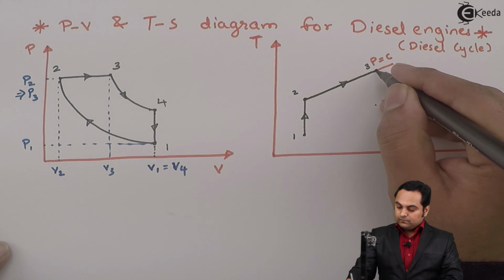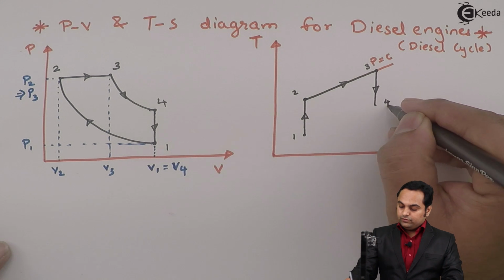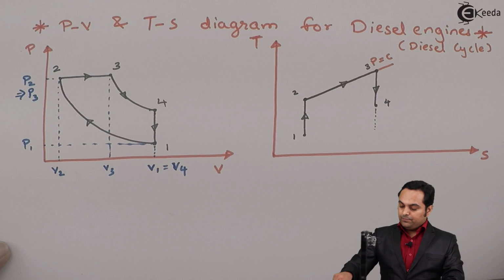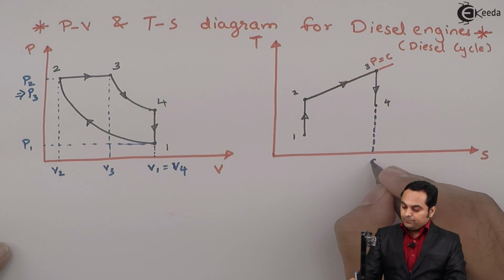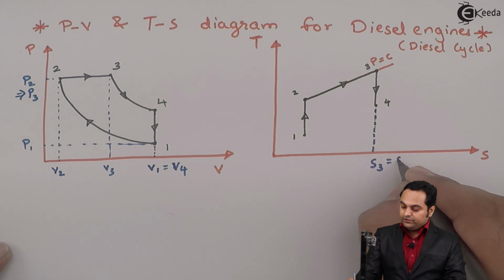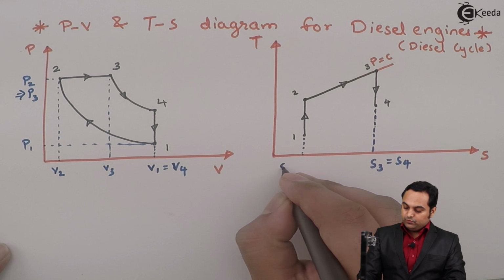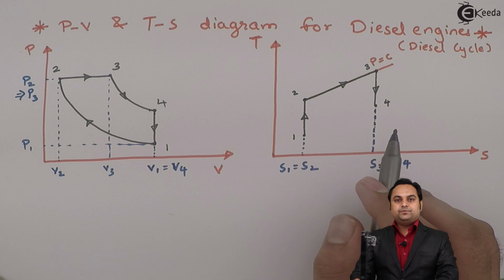So, here from process 3 to 4, this is a constant entropy process wherein the entropy of point 3 and the entropy of point 4 are the same, as it was the same for point 1 and 2, because it was an isentropic process.